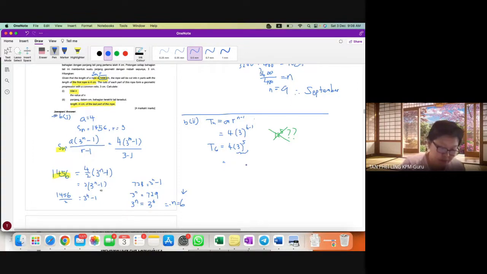So 3 power 5 is 243, so it should be 4 times 243. Taking 243 times 4, you get 972, which is the last part, in cm. Okay, so T6 equals 972. That's it. Is it better, everybody?